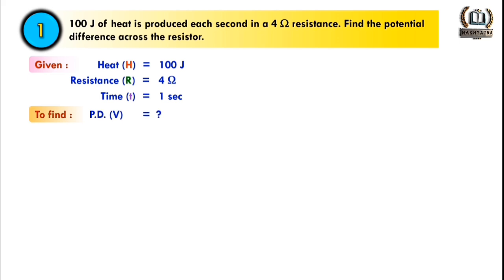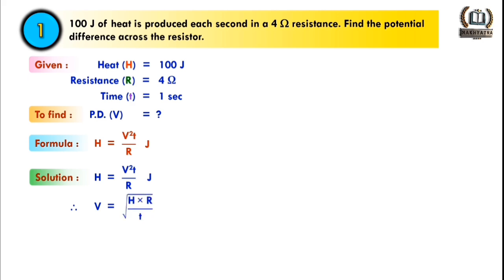And we have to find out the potential difference. So from here we can use the formula, that is heat H equal to V square into T upon R joule. Now see the solution. By rearranging the formula, V equal to root over H into R upon T. Now by putting the value of H, R and T, that is 100 into 4 upon 1 respectively, we will get V equal to root over 400.